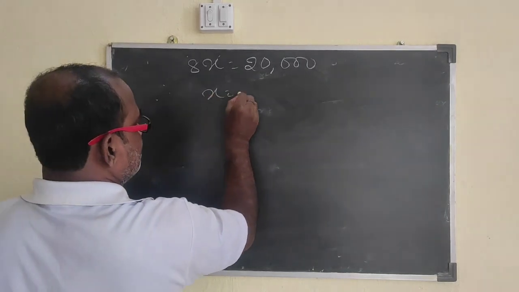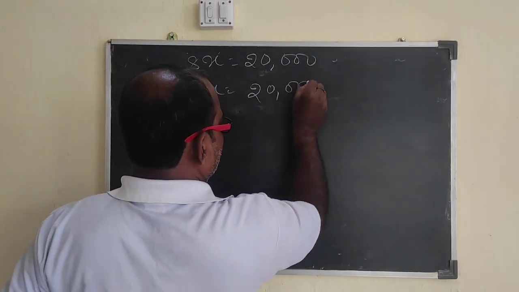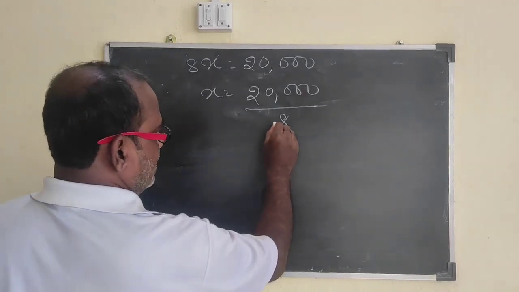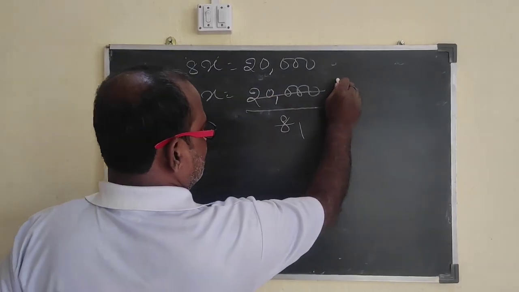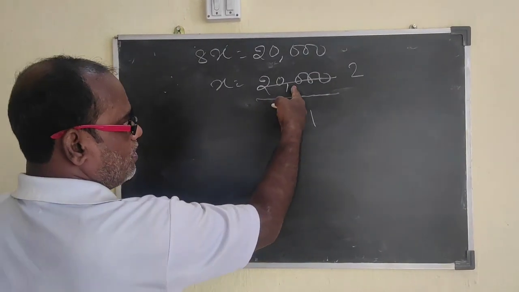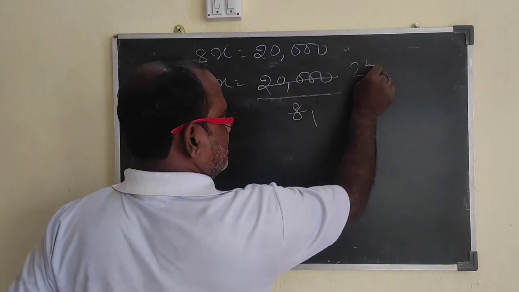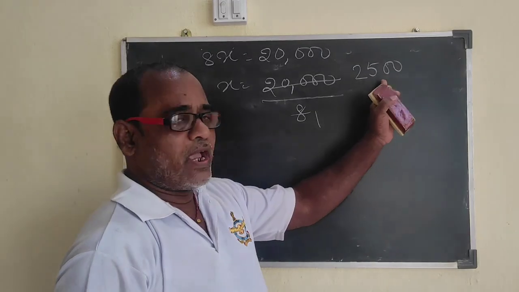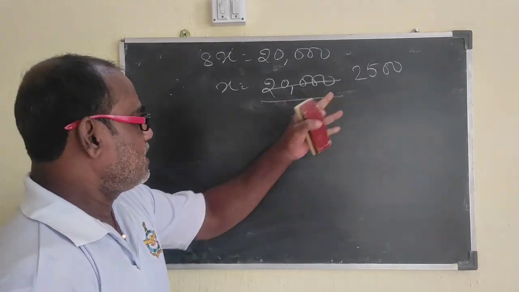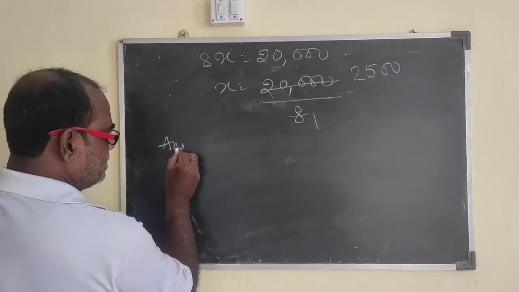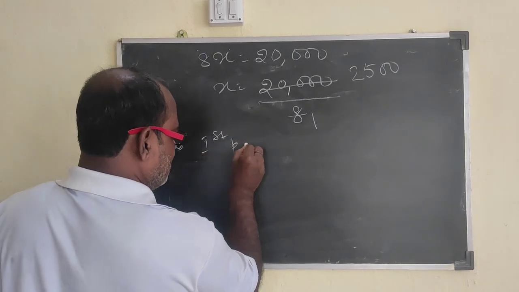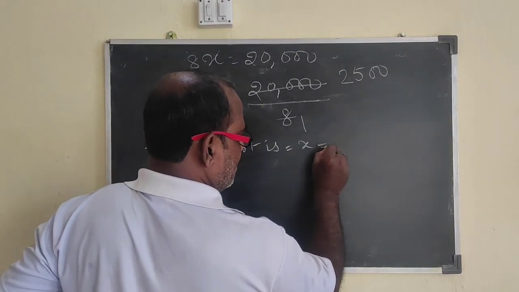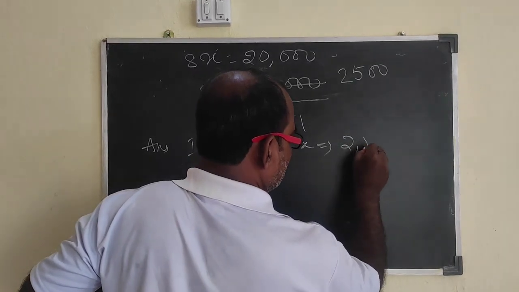Therefore, x = 20,000 divided by 8. 8 ones are 8, 8 twos are 16, carry 4, 8 fives are 40, then the rest zeros. So x = 2500. Write the answer here: the first part is x, which implies 2500.